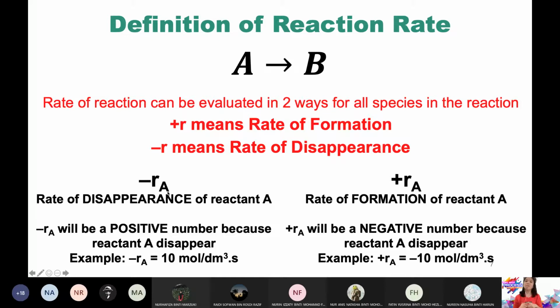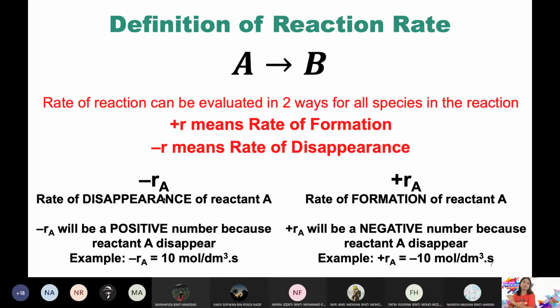A kecil kat bawah tu penting sebab maksudnya you are calculating the rate of disappearance of A. So negative RA means rate of disappearance of species A.